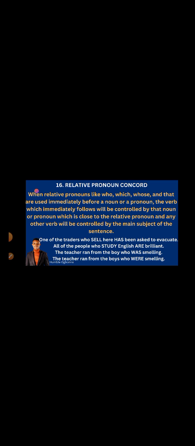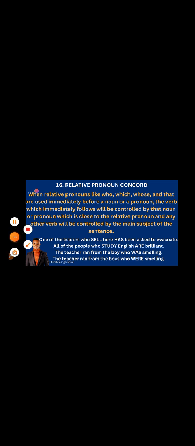Talking about relative pronoun concord, it says when relative pronouns like who, which, whose, and that are used immediately before a noun or a pronoun, the verb which immediately follows will be controlled by that noun or pronoun which is close to the relative pronoun, and any other verb will be controlled rather by the main subject of the sentence.